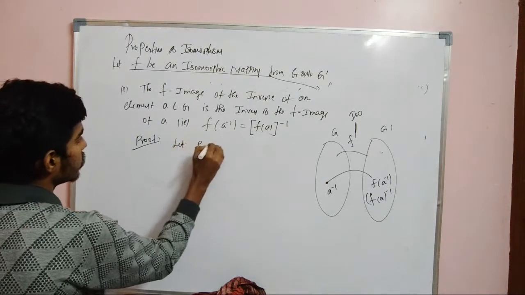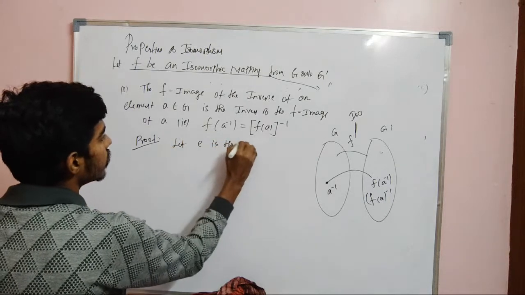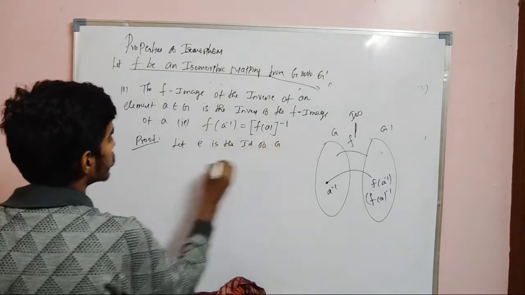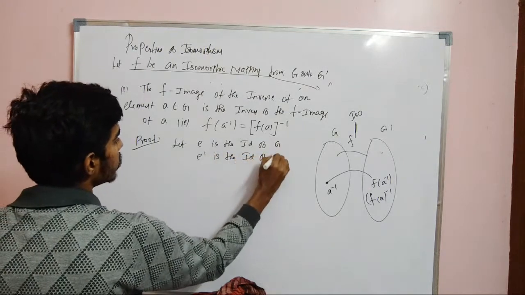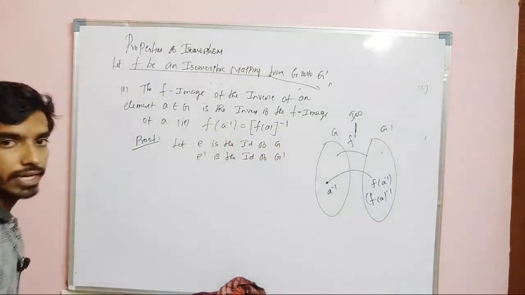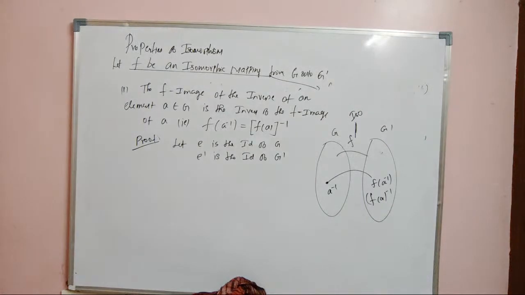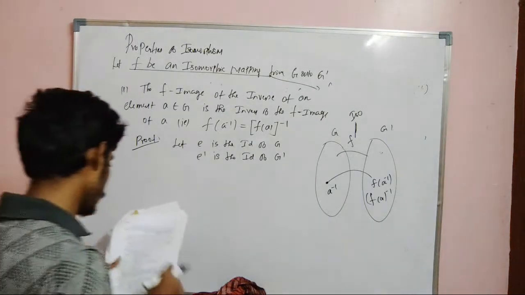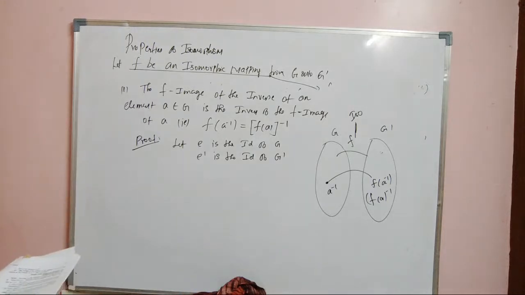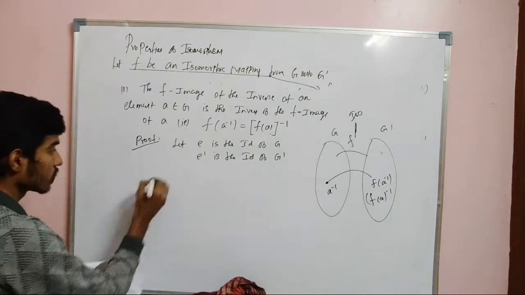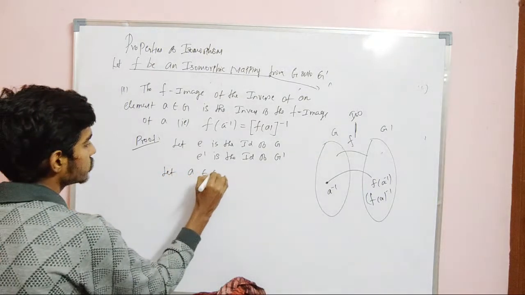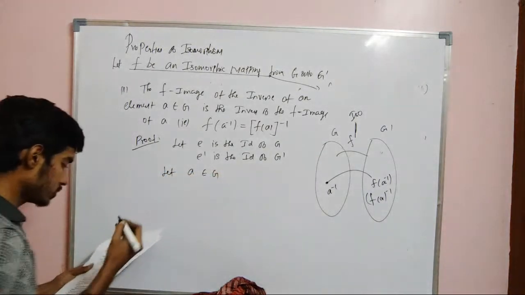Let e be the identity of G and e dash be the identity of G dash. I need to prove f of a inverse is equal to f of a whole inverse. Now let a belong to G.